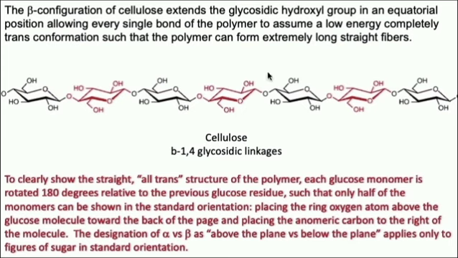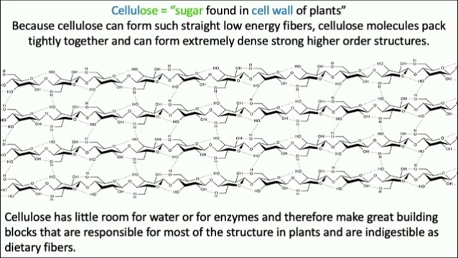But why is it then that a straight polymer of glucose can't be digested, whereas a curved one can? These straight polymers of glucose can pack tightly together because they're so straight. It's real easy to pack things together if they're straight. If they're bent or if they're curved, you cannot uniformly pack them together this way.